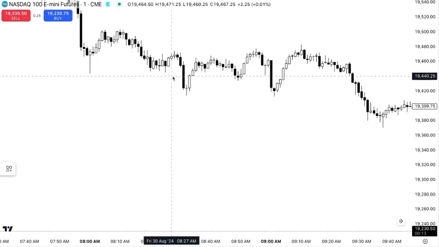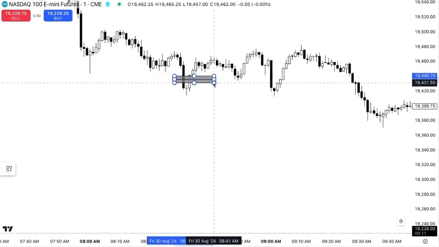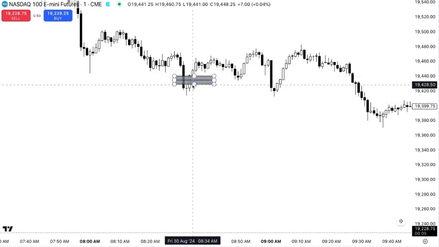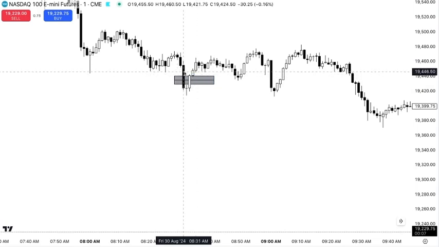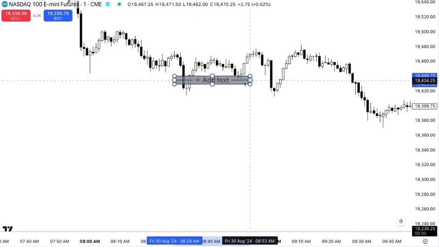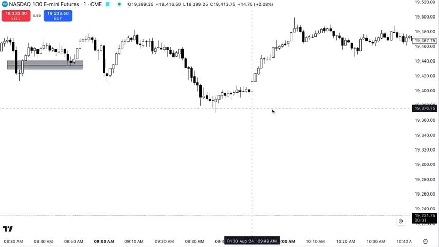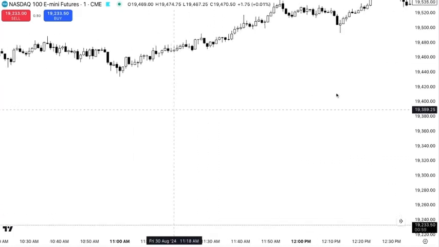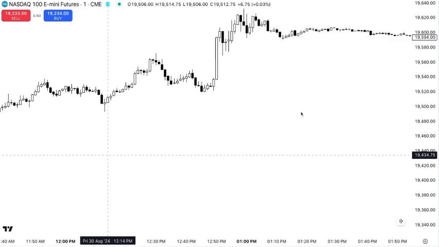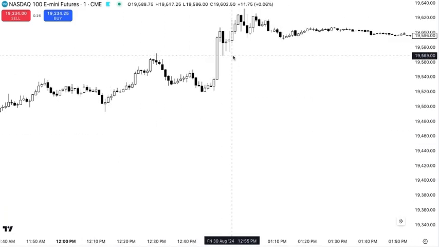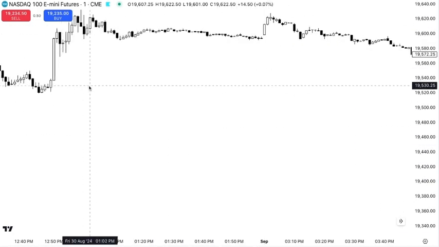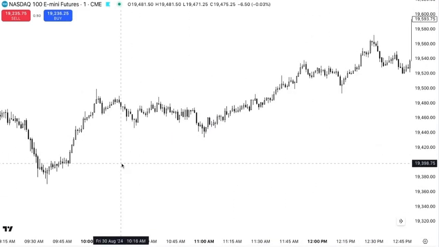So right here we have another BPR, and you can also mark that up there. You can use that. The price goes into it and then back up to these highs. So yeah, that's basically what a BPR is.